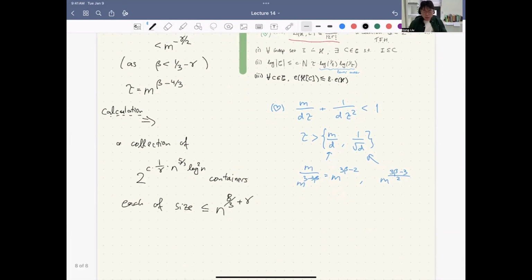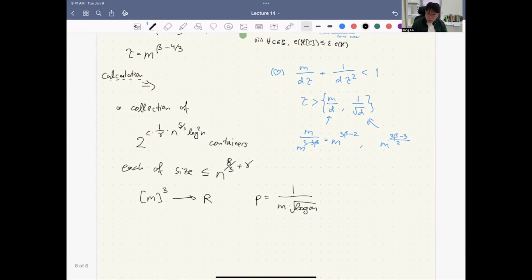Good. Now this is the container for the hypergraph H. Now we do sparsening to a random set R, where we take the probability p to be 1 over m times log square root log m, for example.